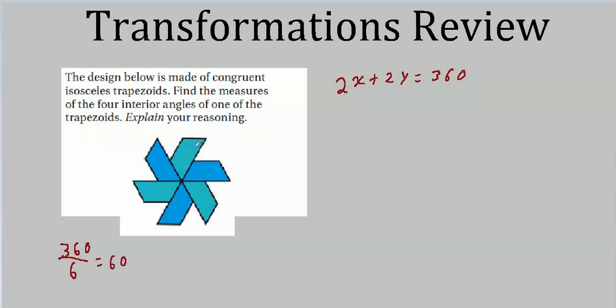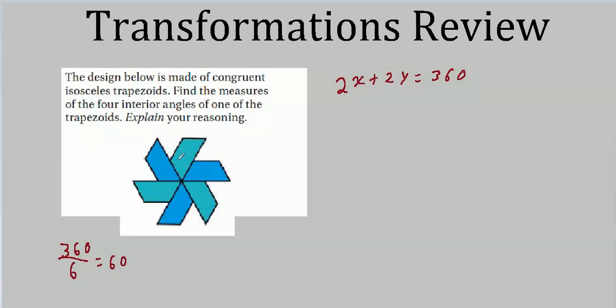That means that if I take this line and rotate it 60 degrees, it becomes this line. Well, this line here is really the base of this trapezoid. It's the base of this trapezoid.